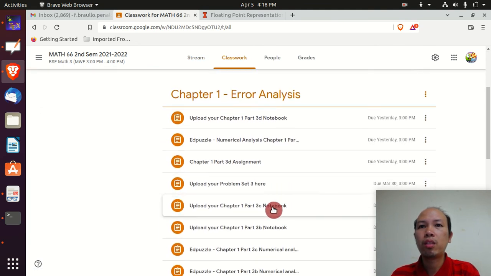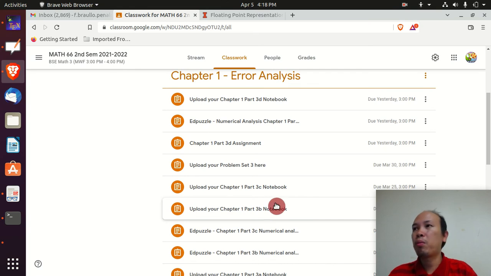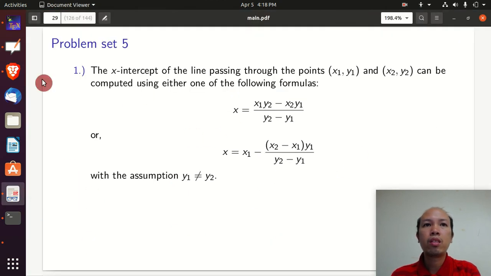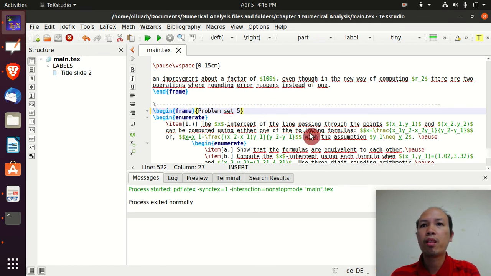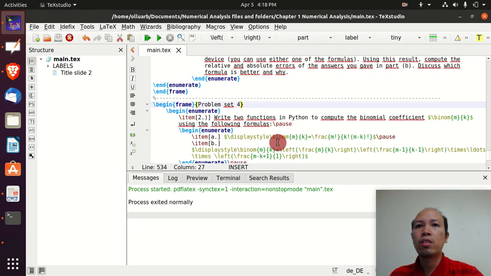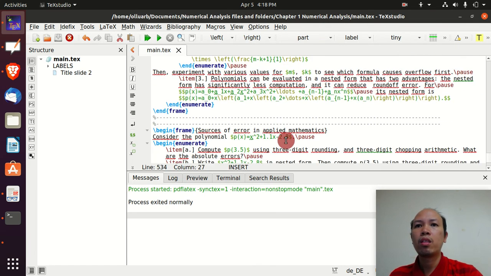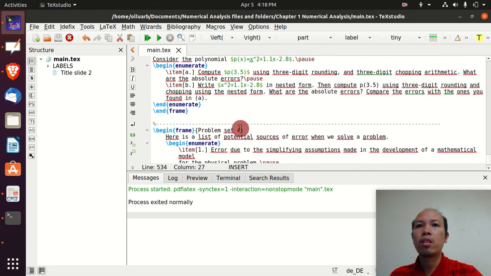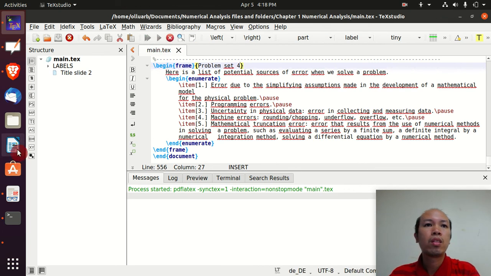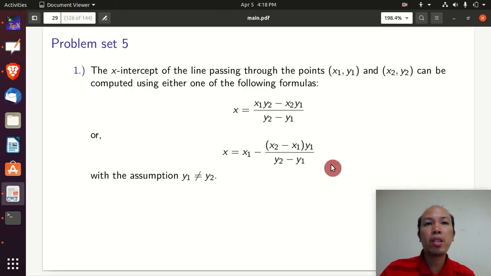We have a problem set in part 3D, that's 4. I guess this is 5. Okay, so this is problem set number 5. Let's change this one to 5. So problem set number 1.